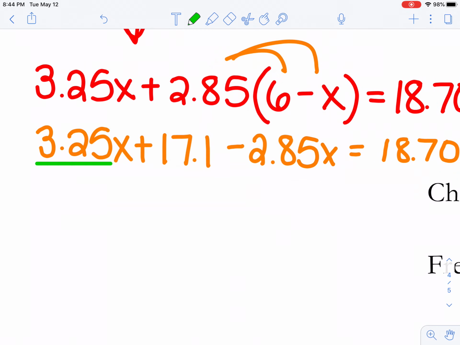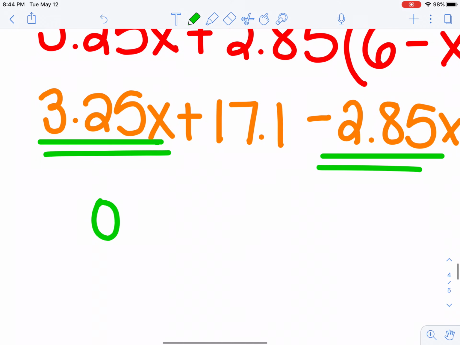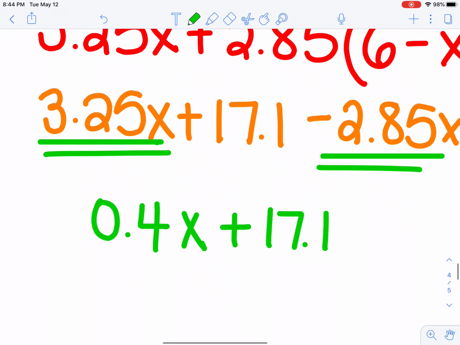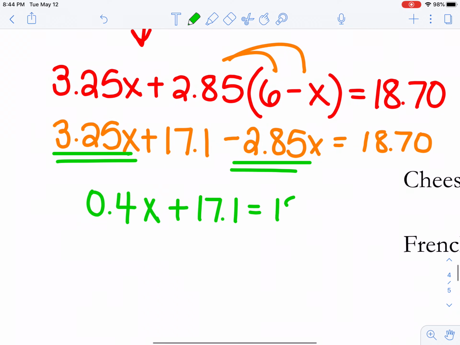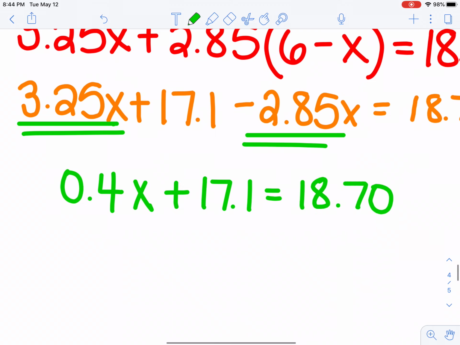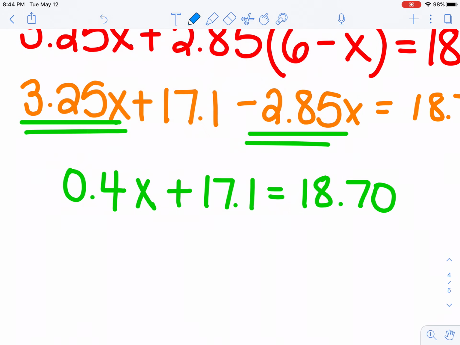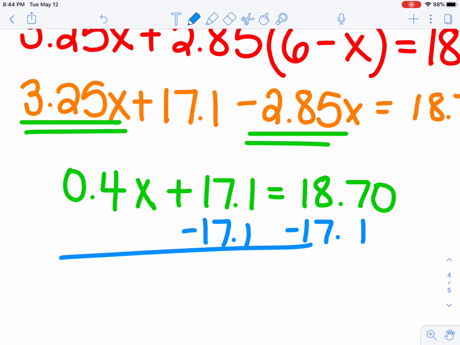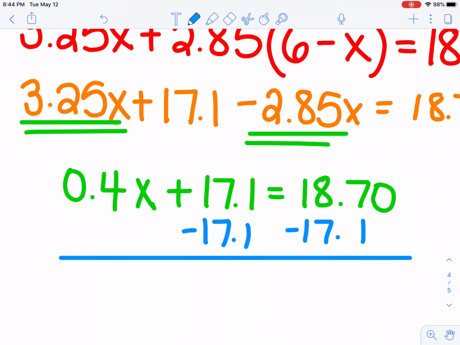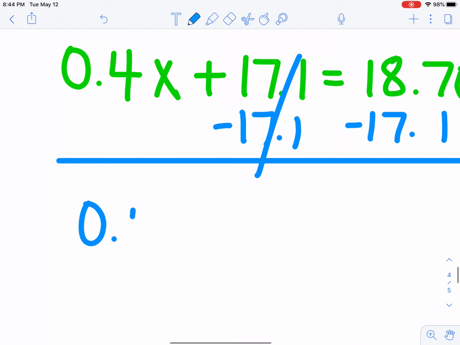Okay, let's combine 3.25 minus 2.85. 3.25 minus 2.85 is 0.4. So 0.4x plus 17.1 equals 18.70. And, you know, I know decimals can be scary, but don't overthink this. Don't overthink it. We're just solving a normal equation here.